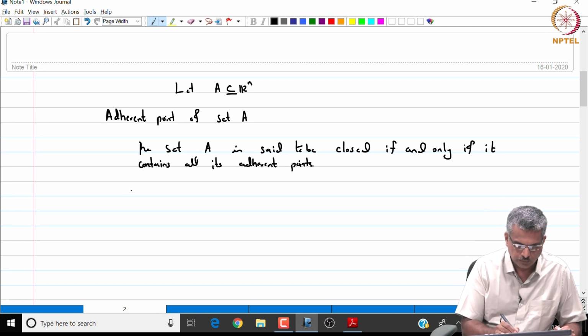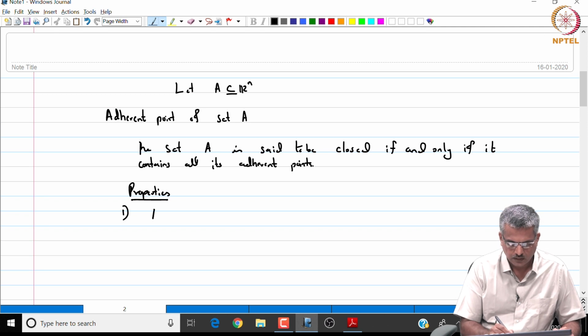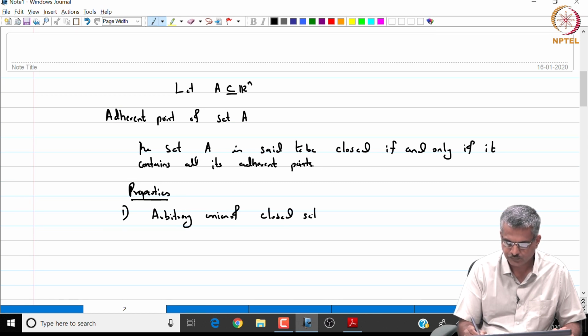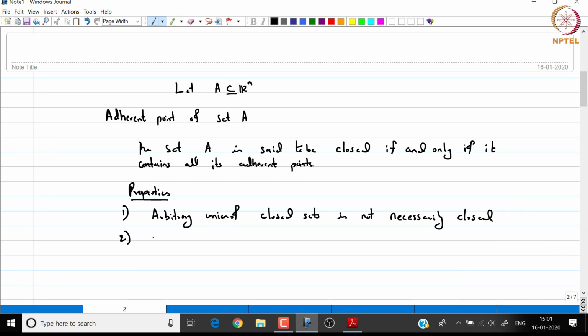Again, properties of closed set: one is arbitrary union of closed sets is not necessarily closed, it need not be closed, whereas arbitrary intersection of closed sets is closed.